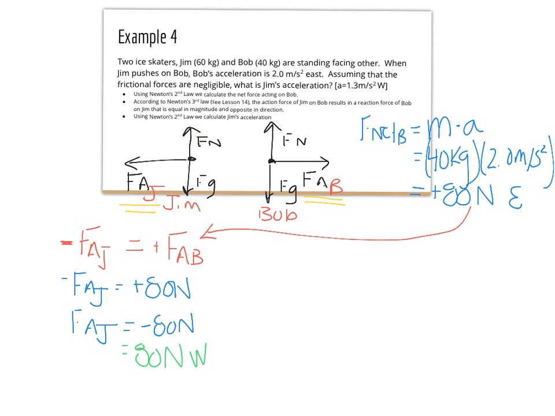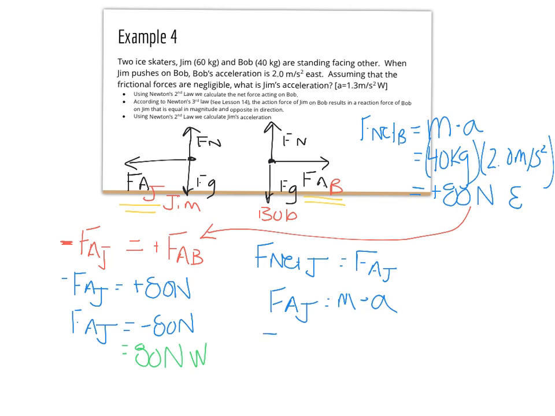Okay, so for Jim, net force is equal to his applied force. Again, because there was no frictional force. So F applied for Jim is equal to his mass times his acceleration. And we knew that that was 80 newtons.